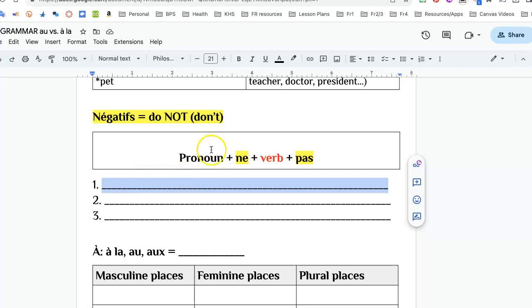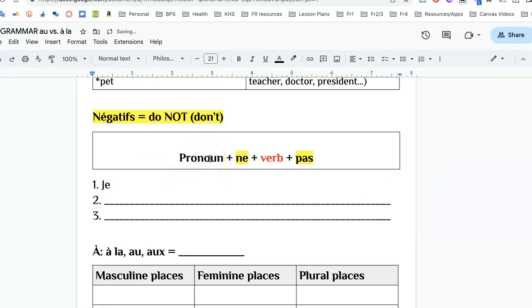So we're going to follow our pattern up here. Je, our pronoun, and then remember it's plus ne. Oh no, let's do this one instead. I want to start with a vowel. I do not eat snails. Je ne, and then we have our verb, mange, and I have my E. I'm going to underline that because we need to make sure we have agreement.